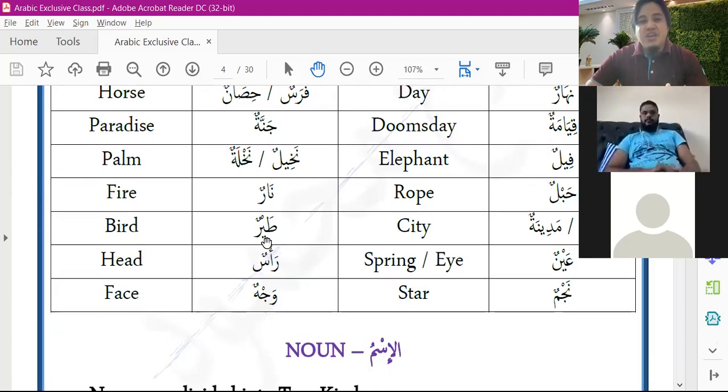Tayrun is a bird, and sometimes you will hear ta'irun, yatiru bijanahayhi. That is in the Quran, right? Ta'ir also is a bird. When we look at it in the grammar, we have the fa'il, the doer of the action.